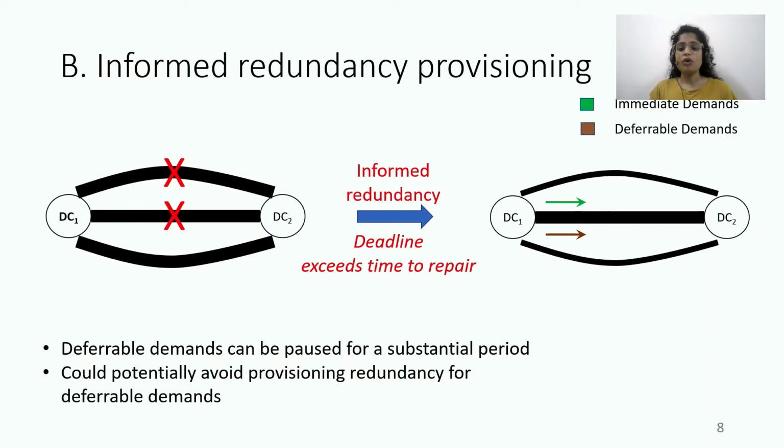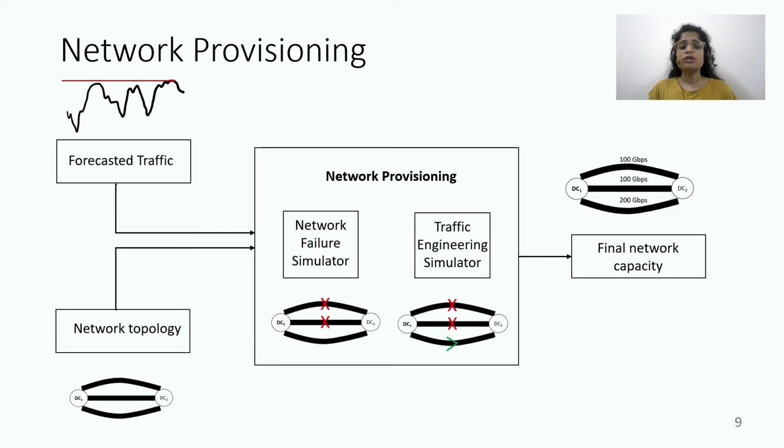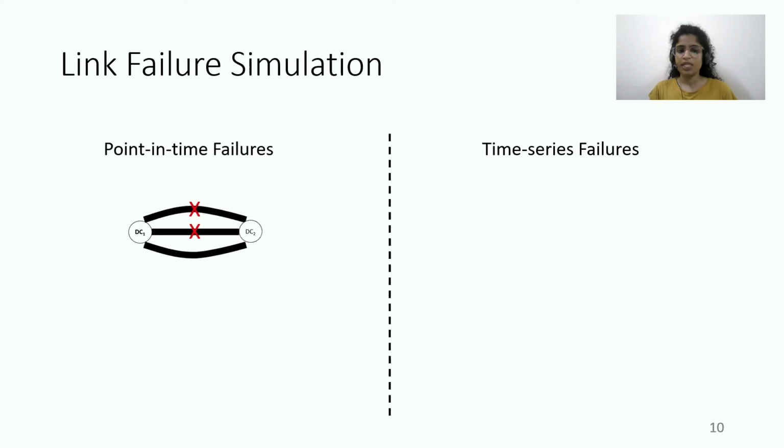Now we will see how we can augment our network provisioning to do this time shifting and informed redundancy provisioning. Going back to the network provisioning slide, we saw that simulating link failures is an important part of the network provisioning process. So here we discuss 2 types of link failure scenarios that we can simulate. The first type is point-in-time failure scenarios, which is up to K link failures. For example, the 2 link failure scenario that we saw in the previous slide.